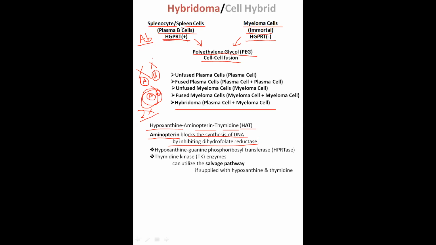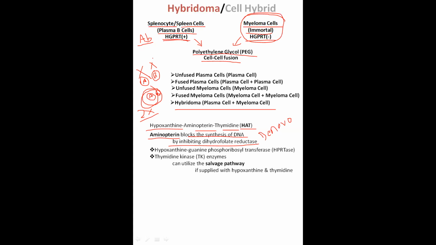Dihydrofolate reductase is needed for de novo nucleic acid synthesis. So when the HAT medium is there, the cell cannot use the de novo nucleic acid pathway to make DNA, like the immortal cell, which prepares its DNA by the de novo pathway.